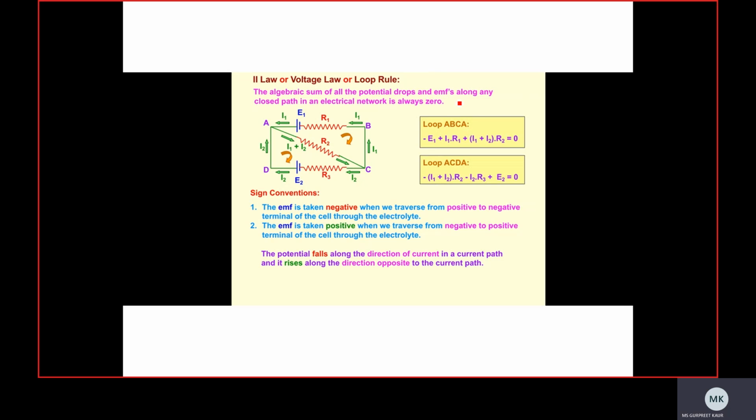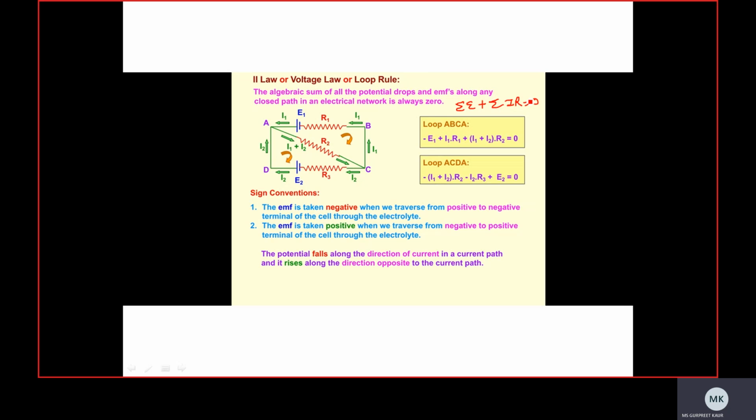This statement in mathematical form can be written as summation E plus summation IR is equal to 0.